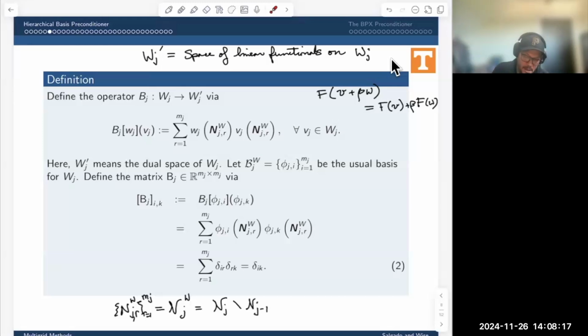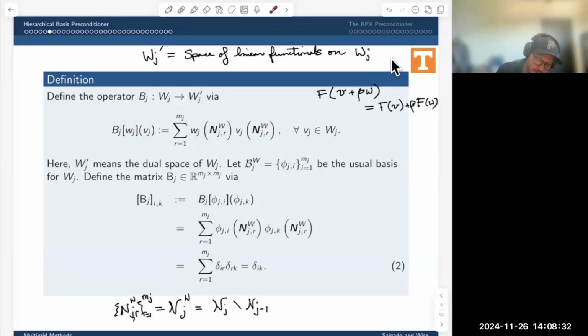Okay, so let's define a matrix, and we'll see that it has nice properties and essentially represents this operation bj.